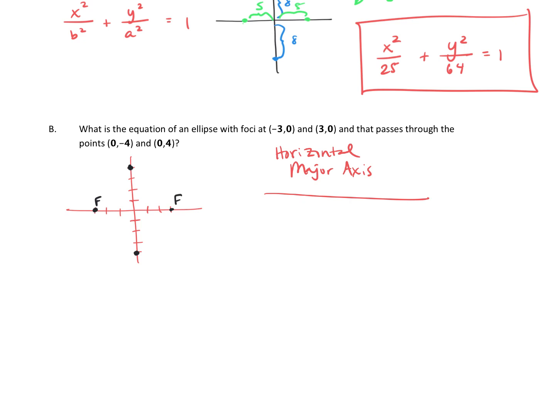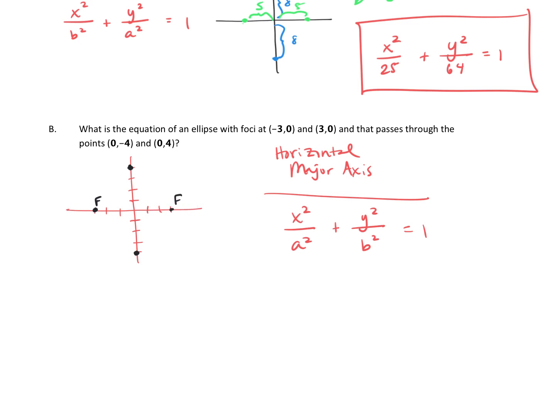The equation for our horizontal major axis is x squared over a squared plus y squared over b squared equals 1. So we need to identify the a and the b. The a value is the distance from your vertices to the center. We don't know where the vertices are. We just know they are the endpoints of the major axis.